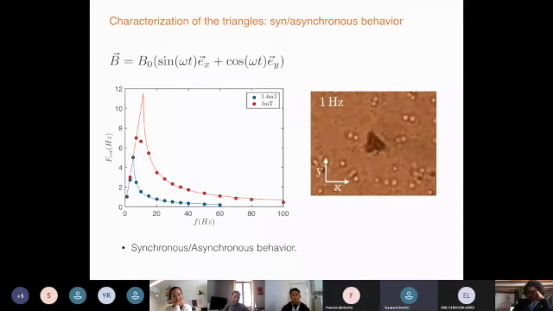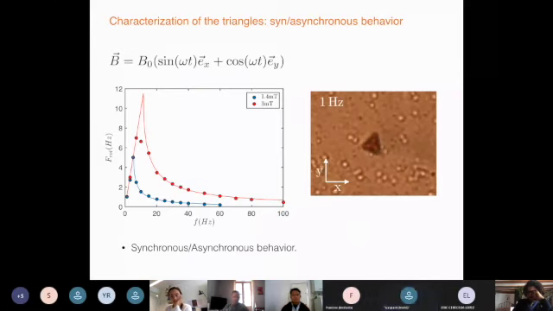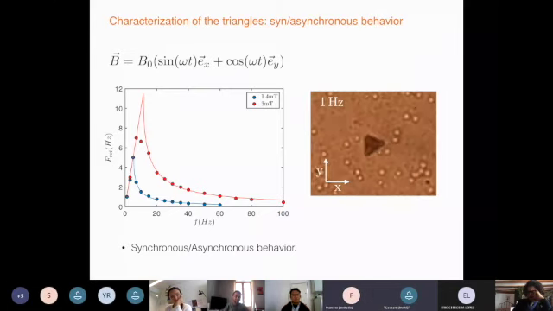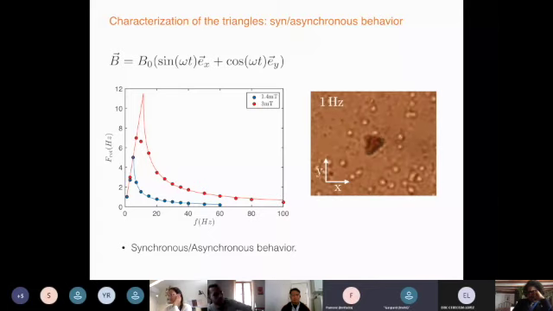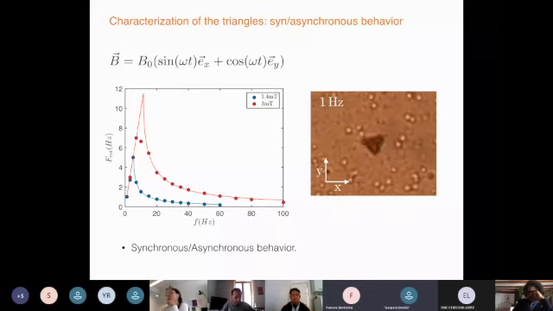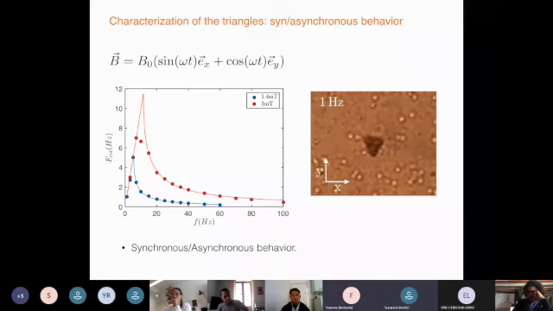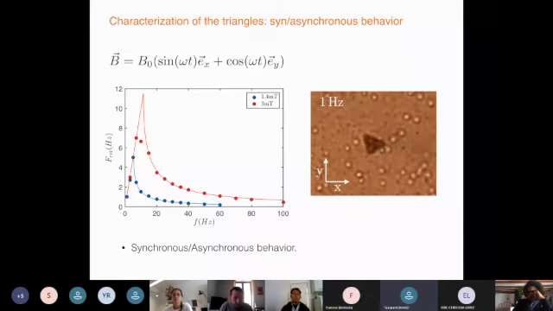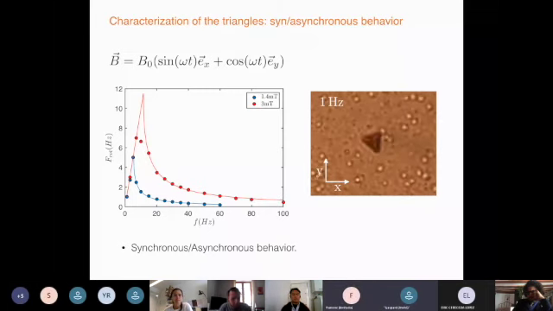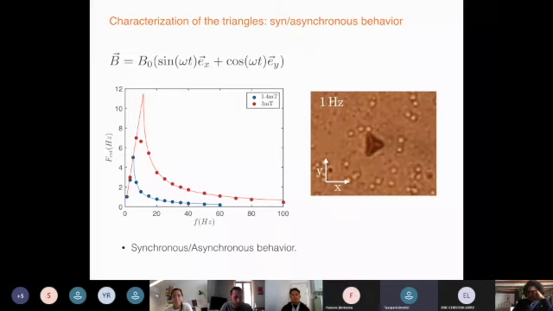What you see is that at low frequency, you have a linear increase of the rotation frequency of the triangles, and then you have this asynchronous decrease of the frequency as a function of the driving frequency. In the graph, you can see two curves, and each curve corresponds to a different magnetic field amplitude B0. You can notice that the critical frequency depends, as we've seen, on the field amplitude.